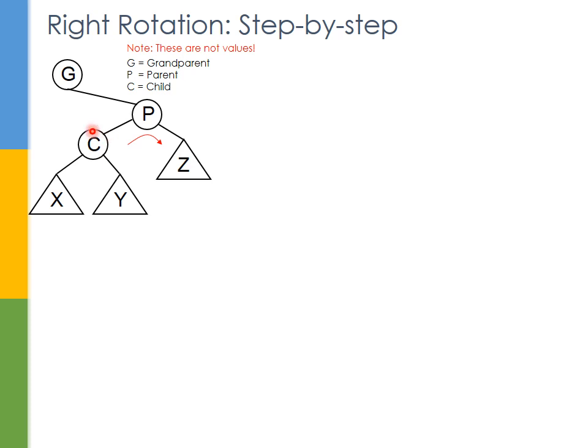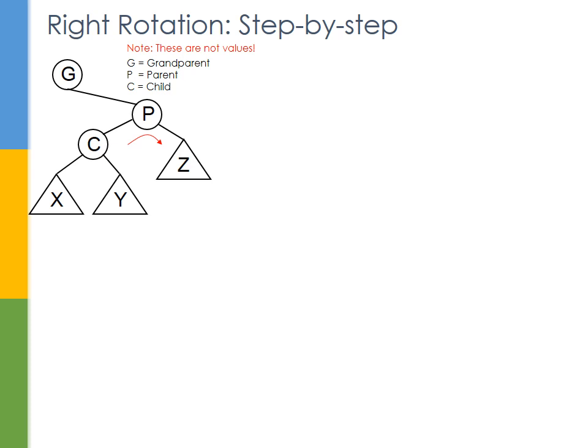C simply denotes the child, which will be rotated around the parent, which is P, and then we have a grandparent G of node C. Right, so while we perform this rotation, it's very important that we don't lose references to parts of the tree. So we need to always make sure that there is a reference to a node that is being moved during the rotation process.